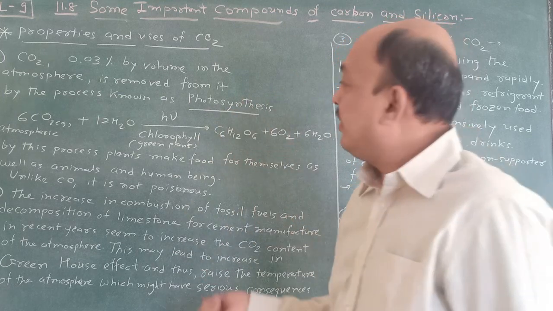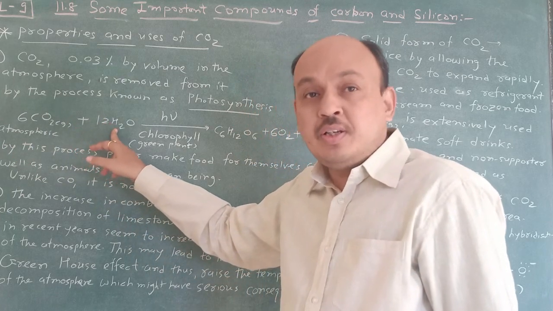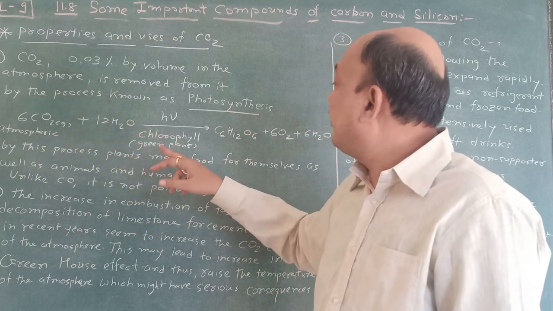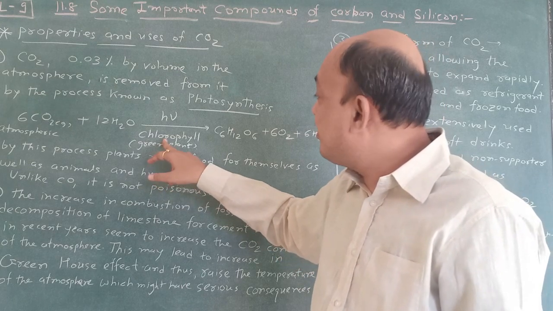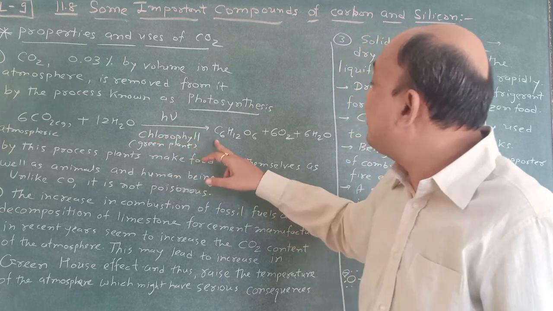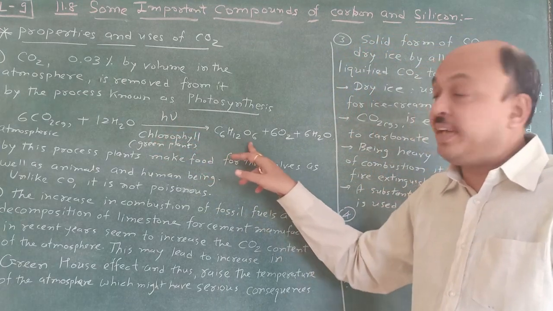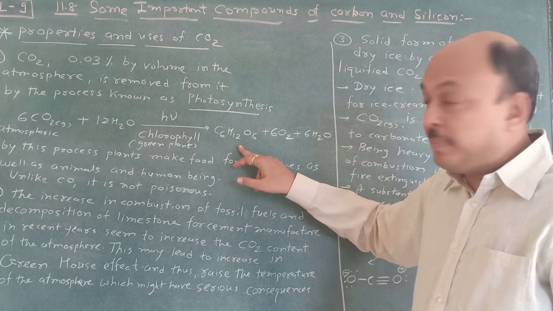In the atmosphere, carbon dioxide reacts with water in green plants, which possess green color due to the presence of chlorophyll, and in the presence of sunlight it gives glucose, and this is food for plants or human beings.